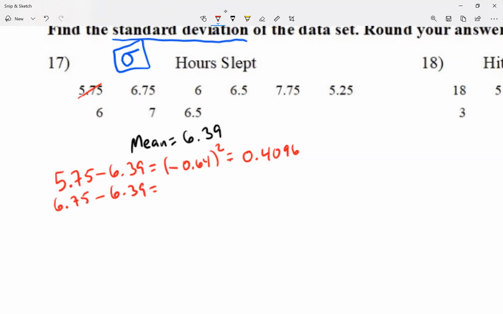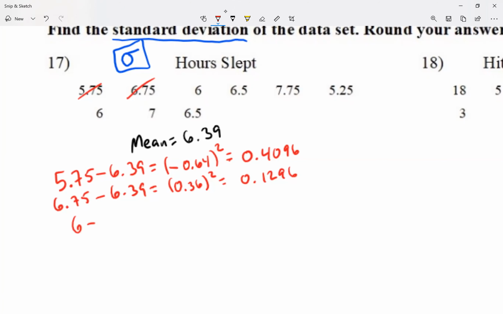So 6.75 minus 6.39. It gives me positive 0.36. Let me square that. And that gives me a new number, 0.1296.